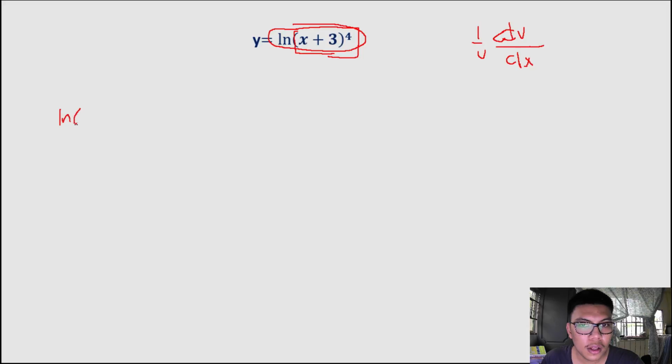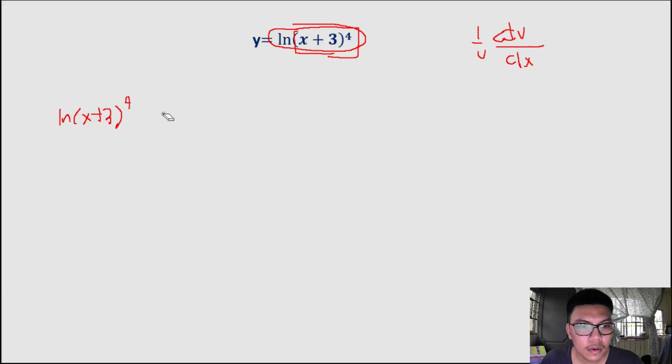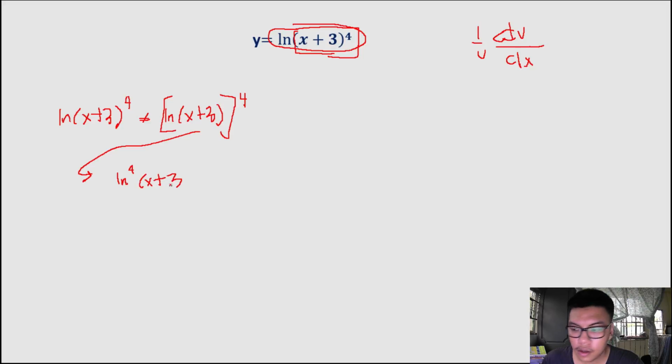So, kung yan ay ln x plus 3 raised to 4, yan ay hindi equal kay ln x plus 3 raised to 4, no? Hindi siya equal. Ang equal dito, ito. So, ln to the 4 x plus 3. Okay? So, yun yung equal, ano?